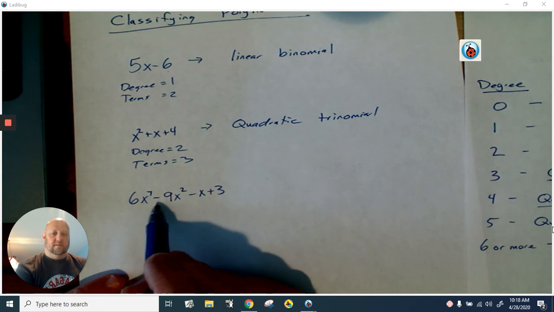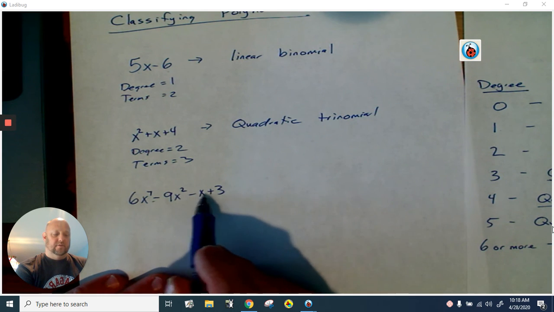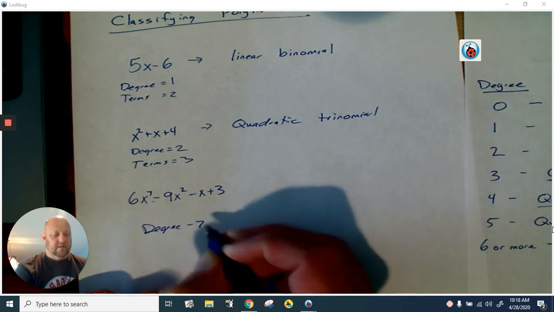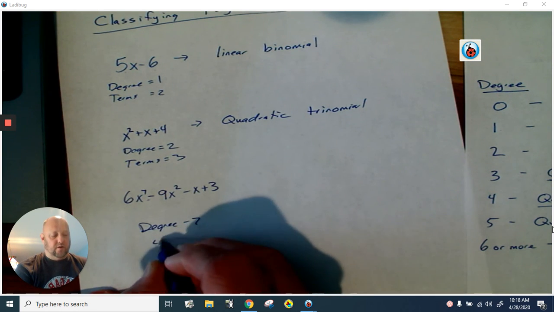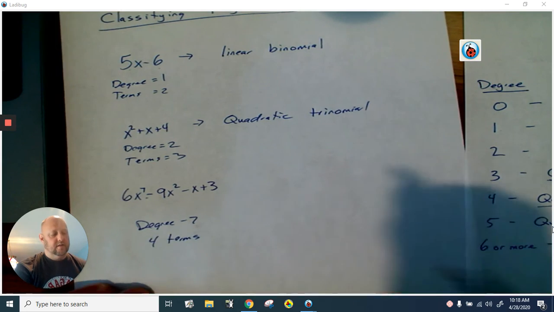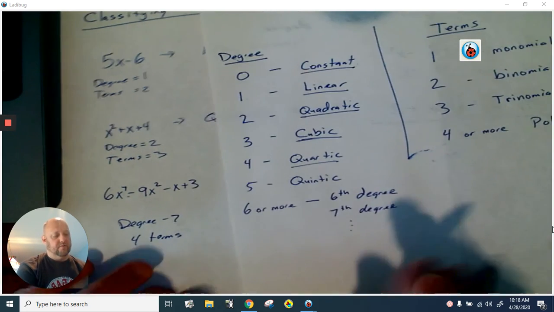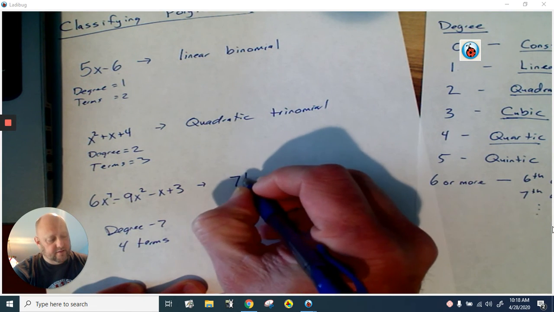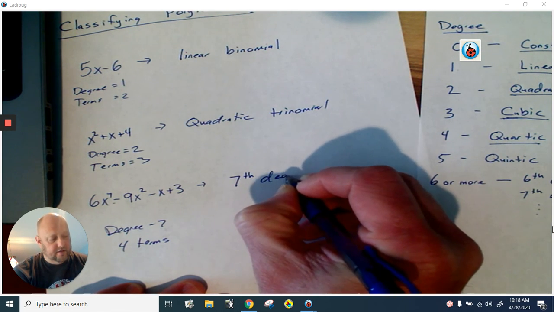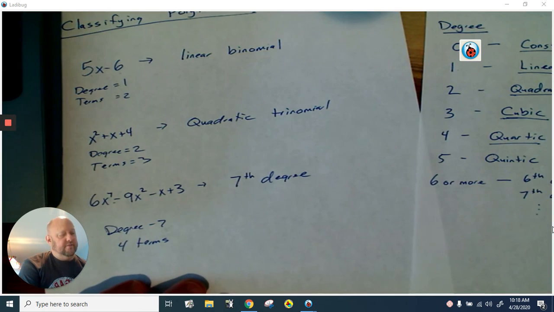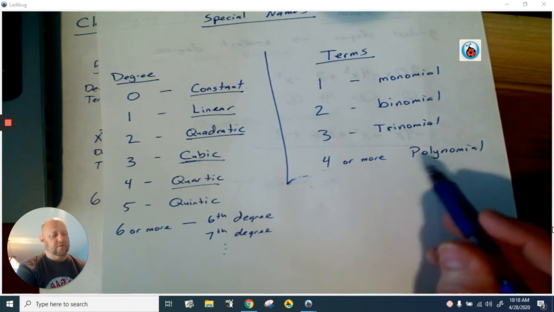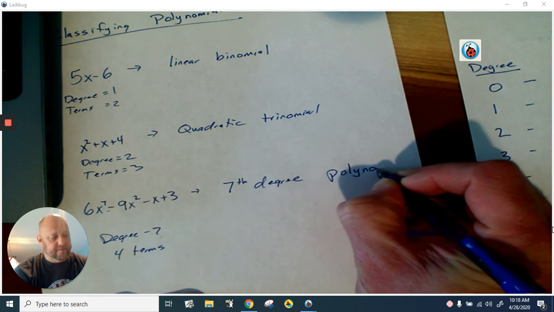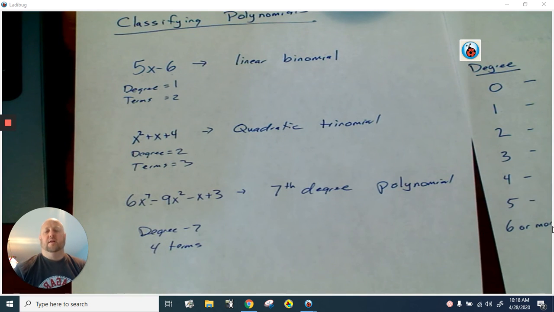This one, we have a degree of 7, degree of 2, degree 1, right? So this has a degree of 7. And it has 1, 2, 3, 4 terms. Well, we don't have a name for the 7th degree, so we just call that a 7th degree. We also don't have a special name for 4 or more terms, so we're just going to call that a polynomial. So we would just call that a 7th degree polynomial.